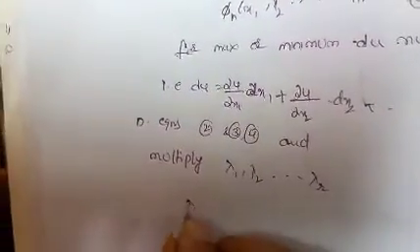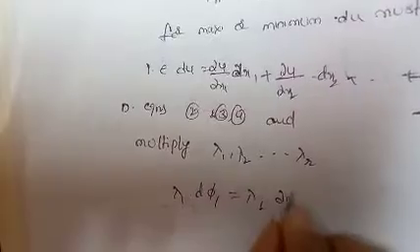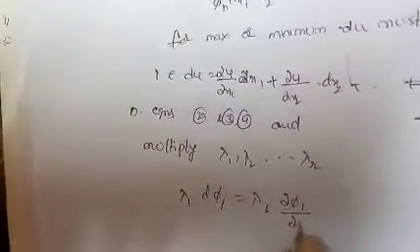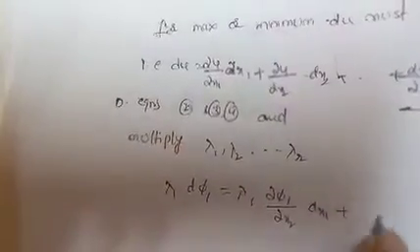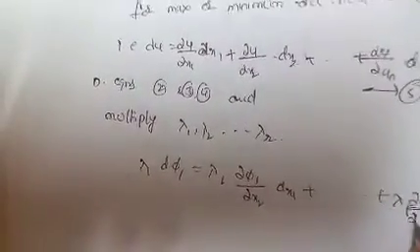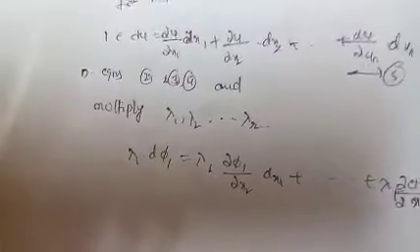So then lambda 1 into derivative of pi 1 equals lambda 1 into dou pi 1 by dou x1 into dx1 plus and so on plus lambda 1 into dou pi 1 by dou xn into dxn equal to 0, and so on.